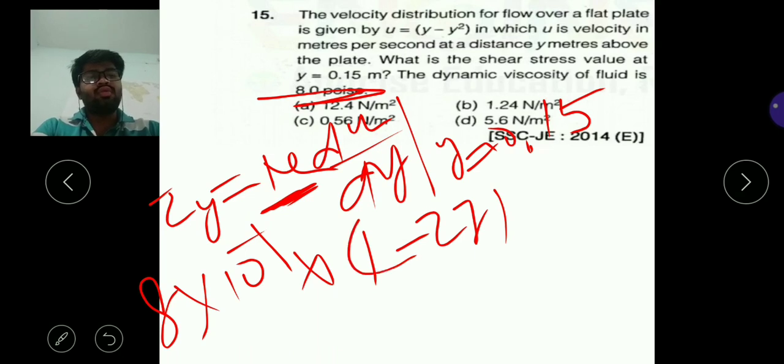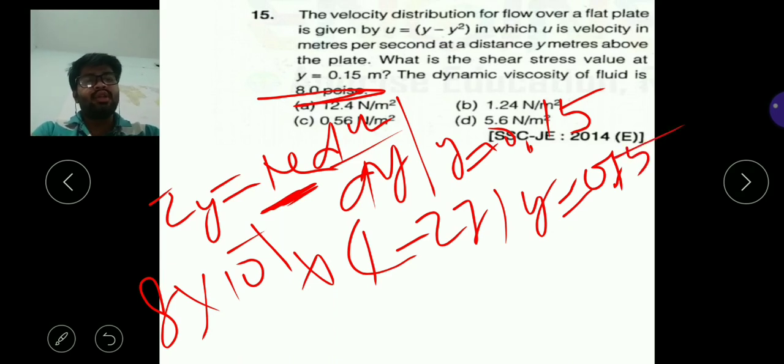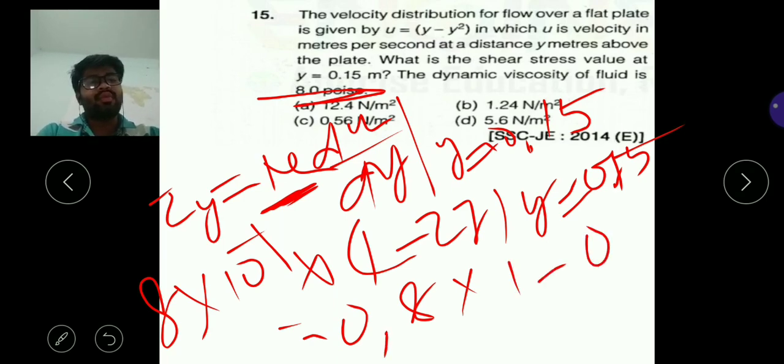This value at y equal to 0.15 we can calculate. So I can write 0.8 into 1 minus 0.3.